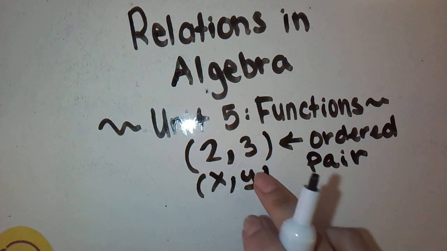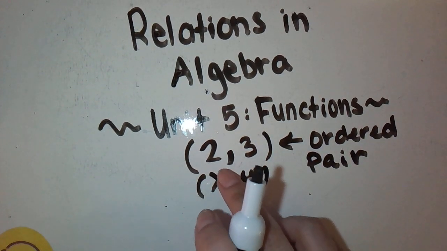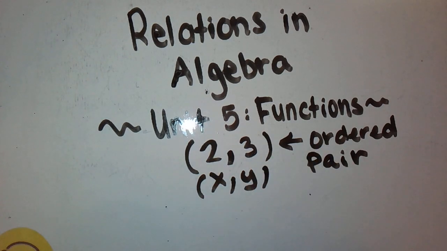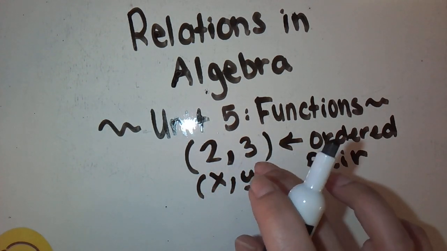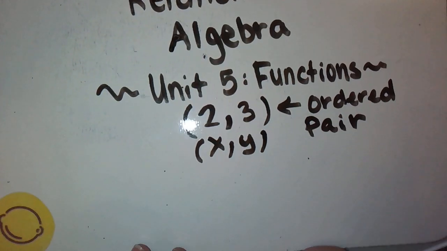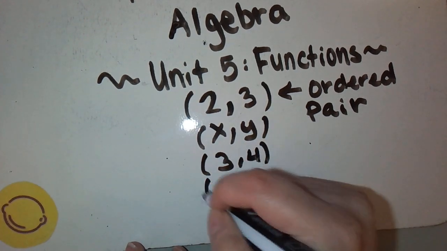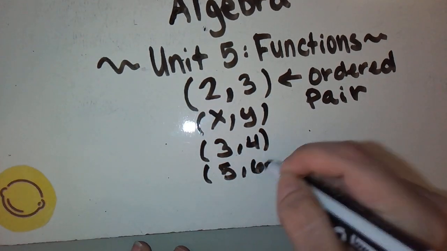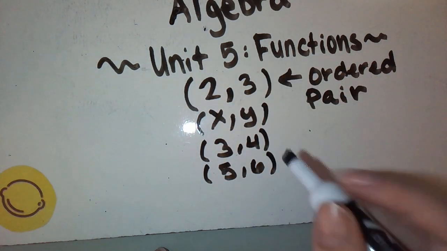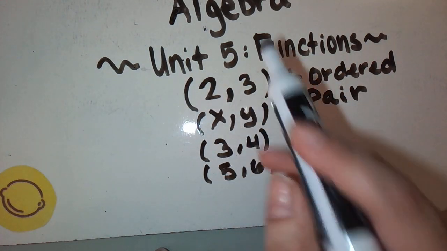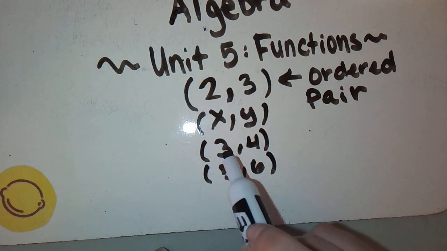An ordered pair's relation would be how we got from 2 to get to 3. We might add by 1, which means another ordered pair could be 3, 4, and then 5, 6, right? As long as we have two numbers that we can describe a relation between them.